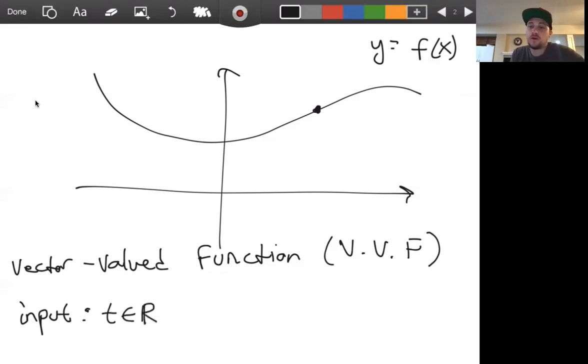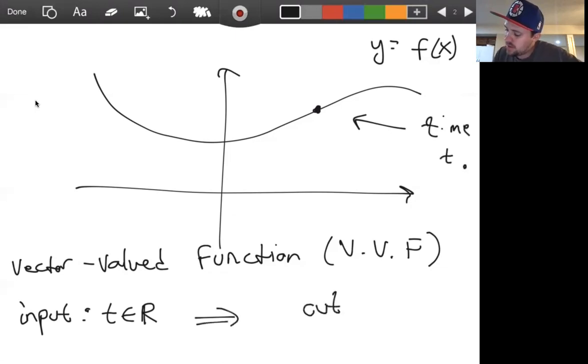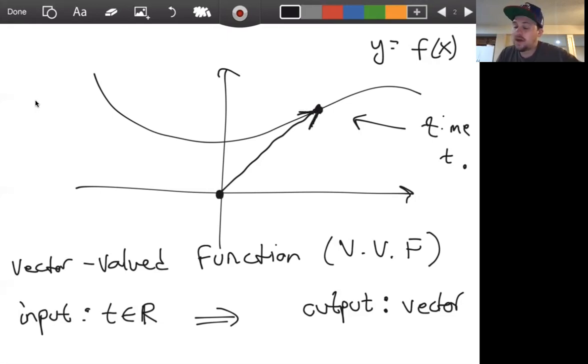So we'll say t in R, right? So this is at some t value, let's say at time t. And the output is going to be a vector now and not just some number. And what vector are we going to take? We're going to look at the vector with initial point the origin, and terminal point the function at time t.